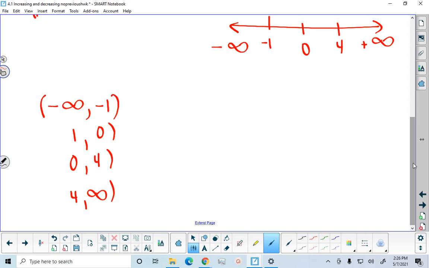These intervals that I put on the side of my derivative chart must be in numerical order from lowest intervals to highest intervals. And across the top, I put all of my factors: 4x, x plus 1, x minus 4.